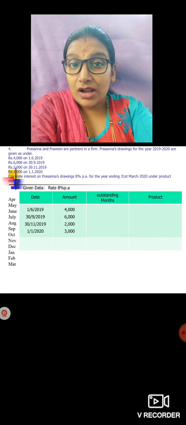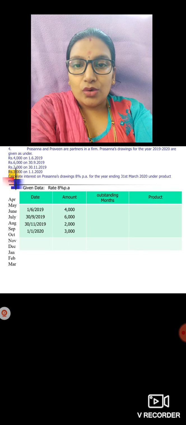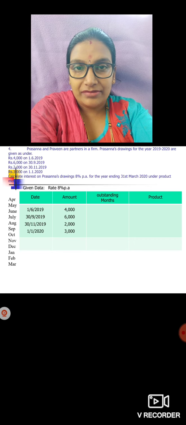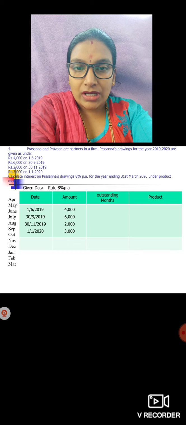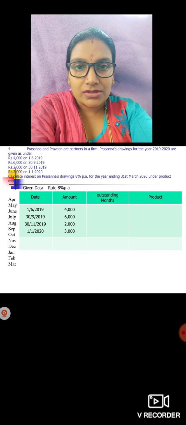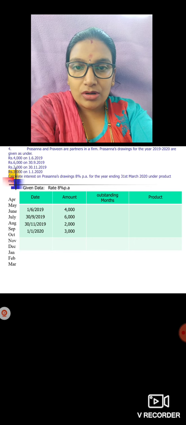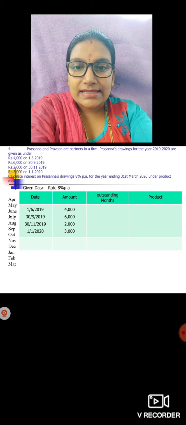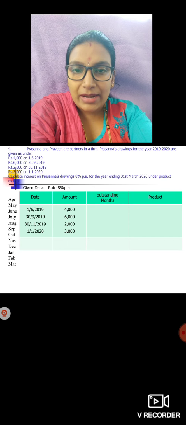For the first withdrawal on 1/6/2019, 4,000, he withdrew in the month of June, so count months from June: June, July, August, September, October, November, December, January, February and March.